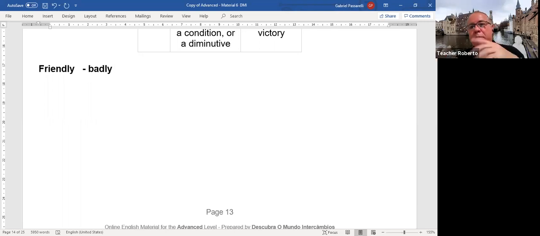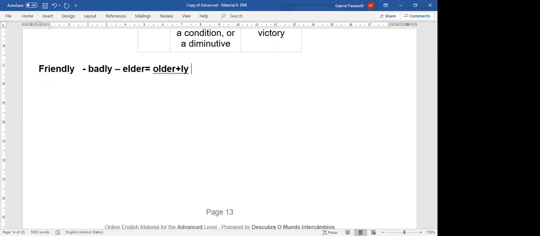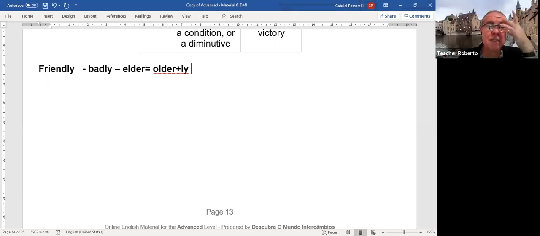It comes from the comparative elder, which is the same as older, okay? I add ly, I form an adjective. Like the elderly people should live with dignity, but that's not what happens in Brazil, okay? Of course, I'm thinking about myself, but okay, it applies to the general population, okay?